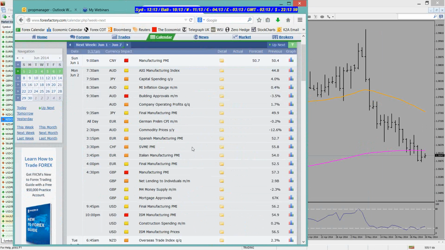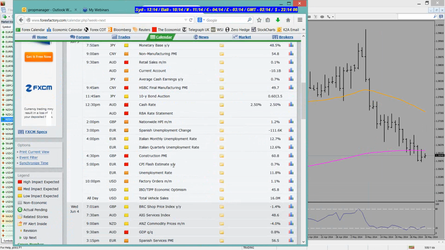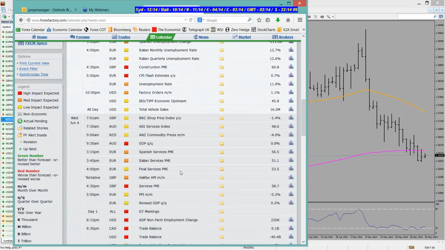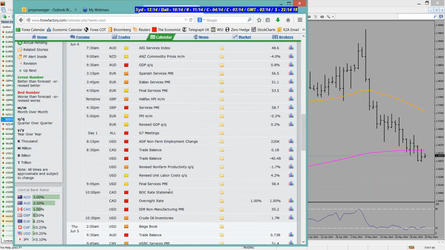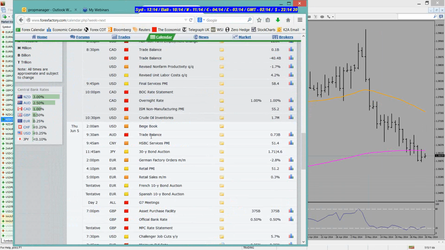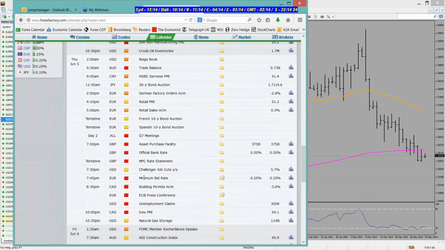Monday we've got all the PMIs. Tuesday we've got RBA, some more PMIs and CPI. Wednesday you got a whole bunch of more PMIs. You got trade balance figures. You got the Canadian monetary policy. And Thursday, we've got the Aussie trade balance and UK and Euro monetary policy, and this is when Draghi's going to talk and probably do something.